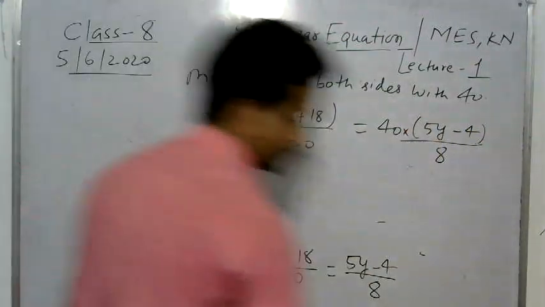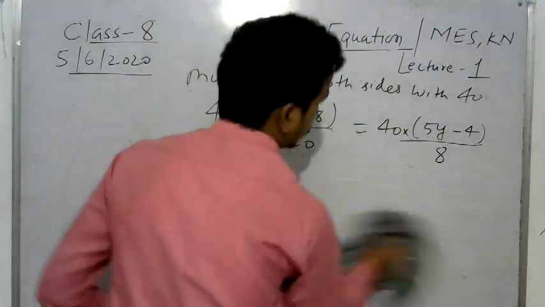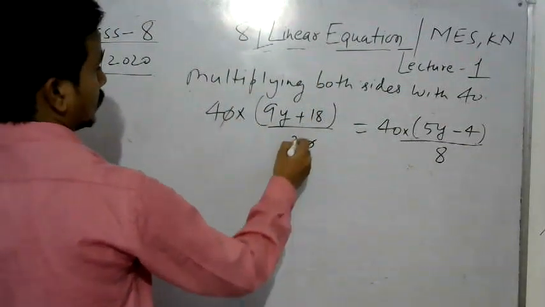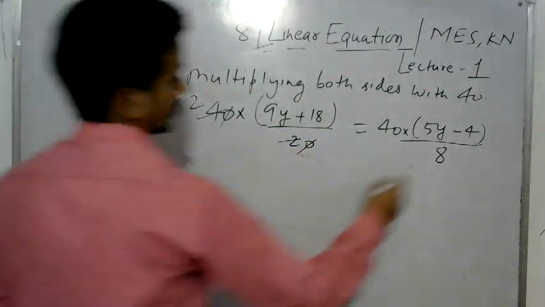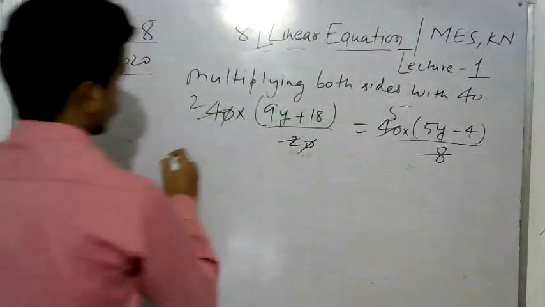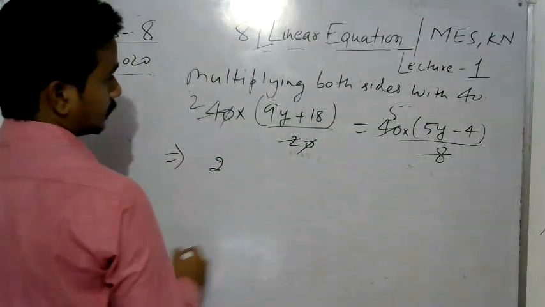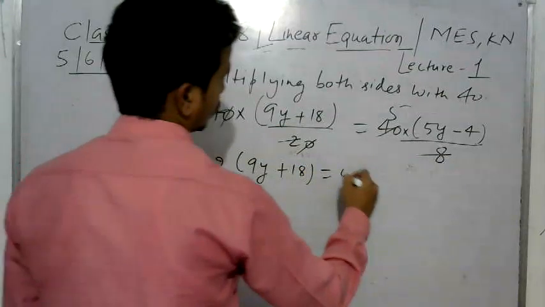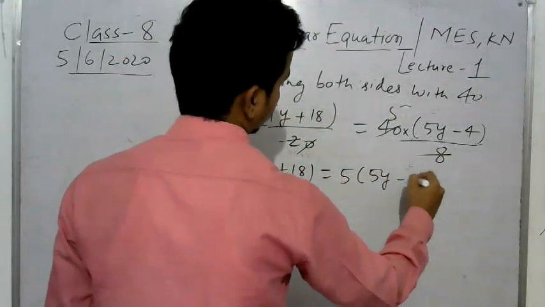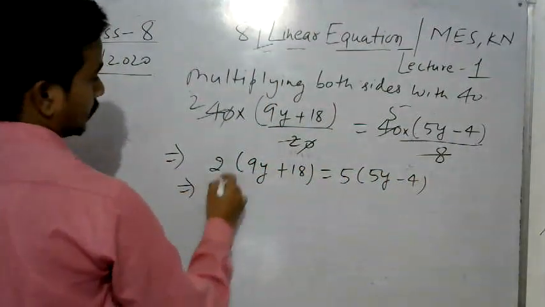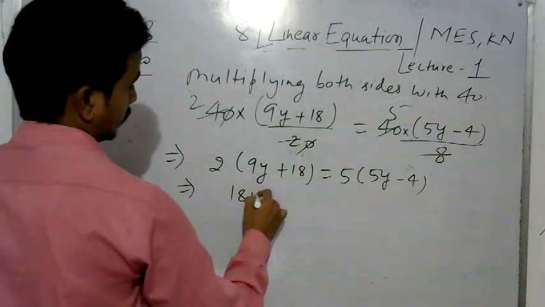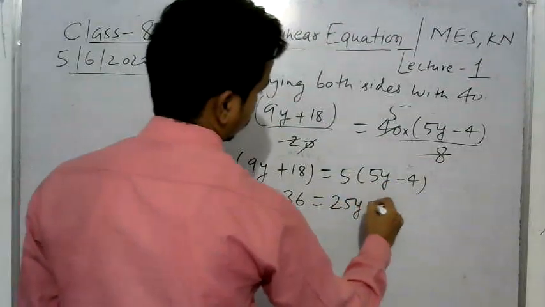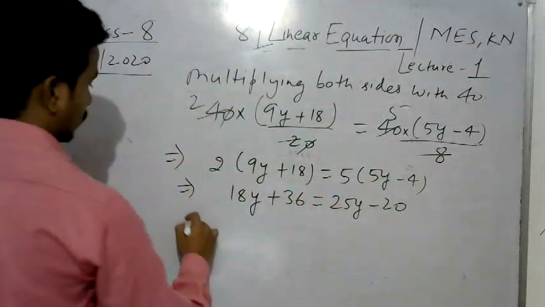Here 40 divided by 20 is 2, and 8 times 5 is 40. So what do we get? 2 into 9y plus 18 equals 5 into 5y minus 4. Now multiply: 2 times 9y is 18y, plus 36, equals 5 times 5 is 25y minus 20.